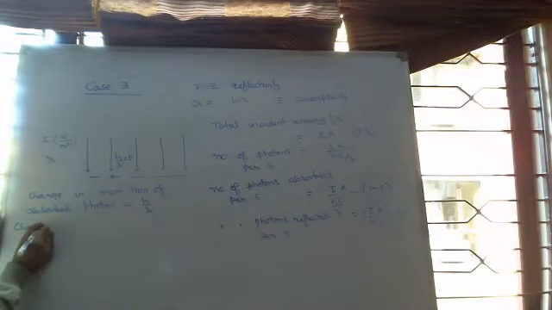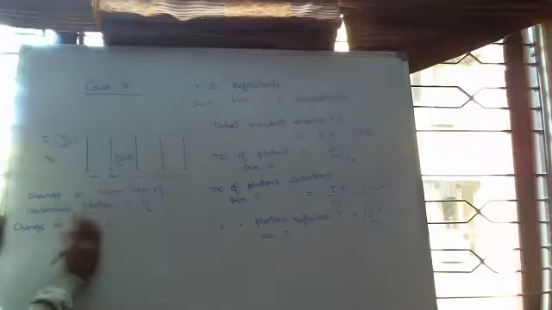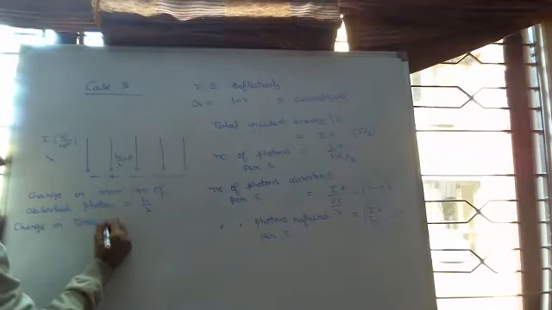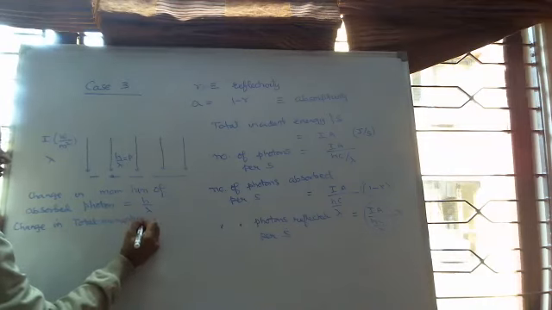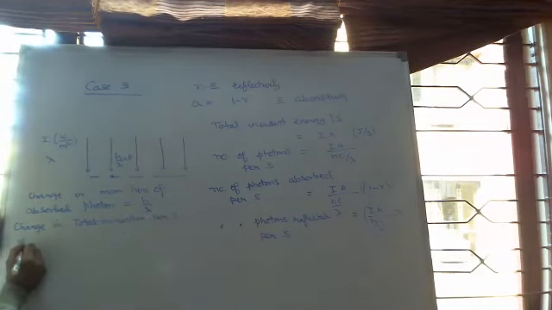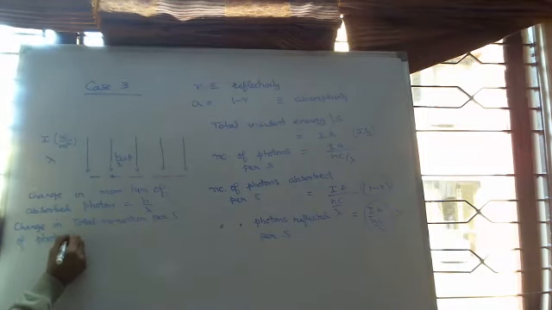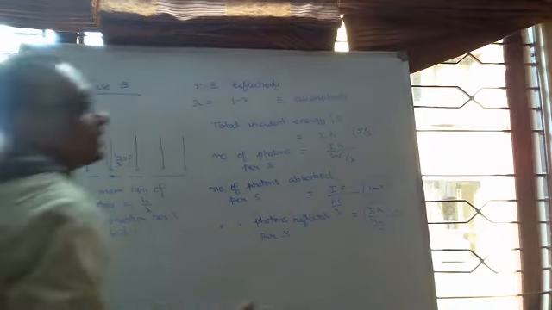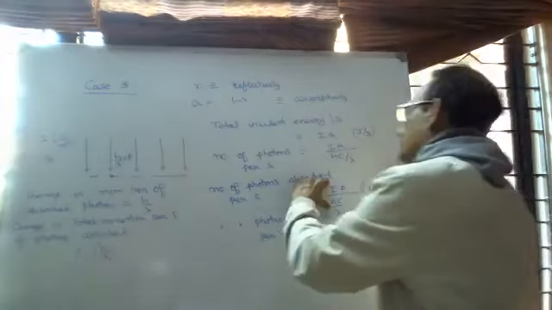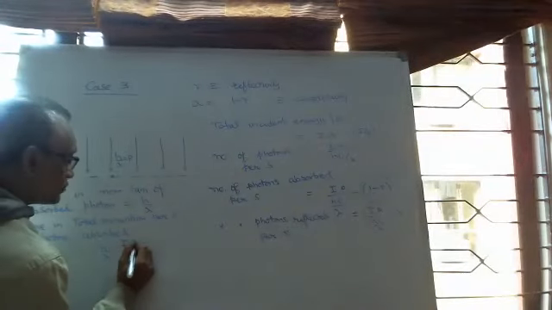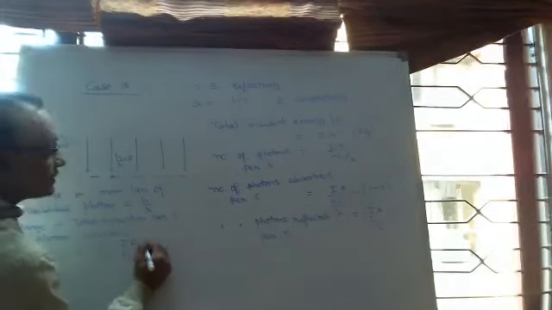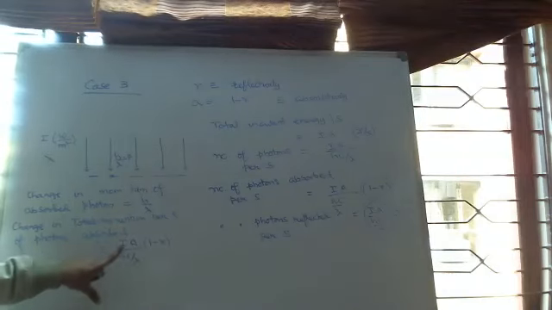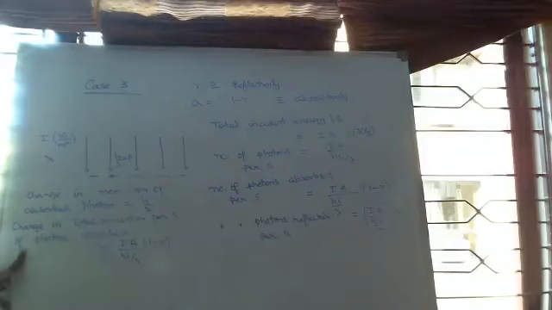This into h by lambda, change in total momentum per second of photons absorbed is क्या? एक फोटोन का h by lambda चेंज इन लीनियर मोमेंटम हो रहा है और इतना फोटॉन्स पर सेकंड, तो टोटल चेंज इन लीनियर मोमेंटम IA by hc by lambda into 1 minus r is the change in linear momentum per second, total change in linear momentum per second of photons absorbed.